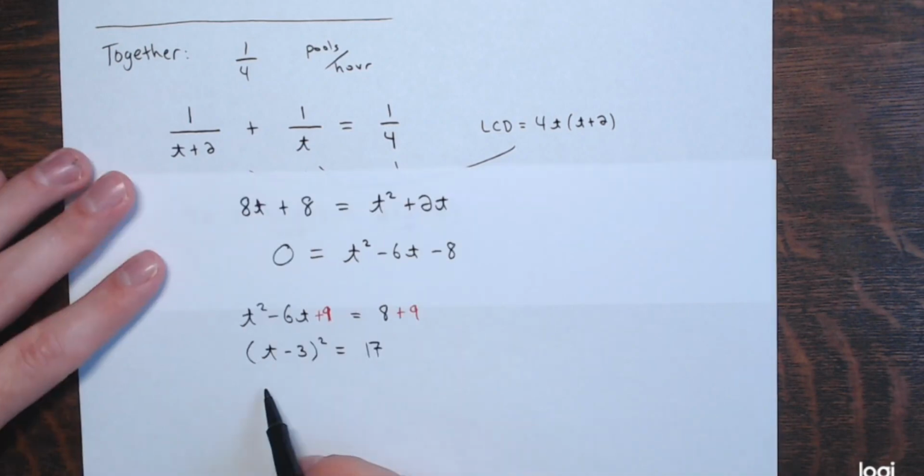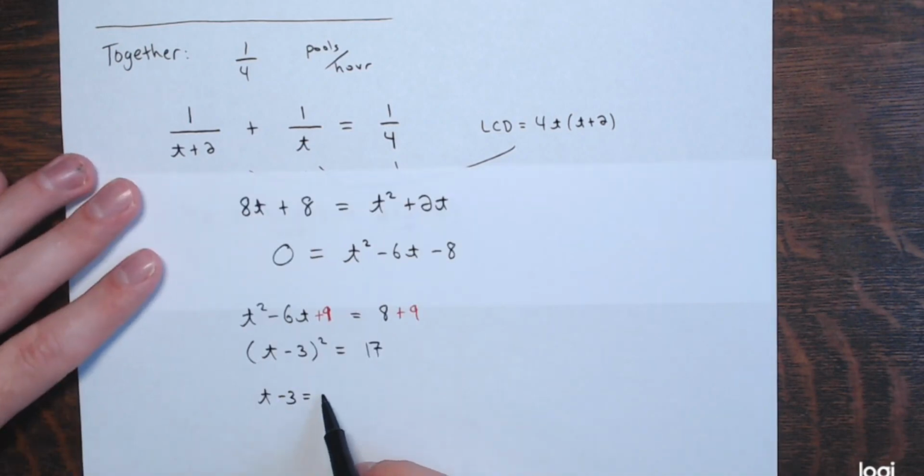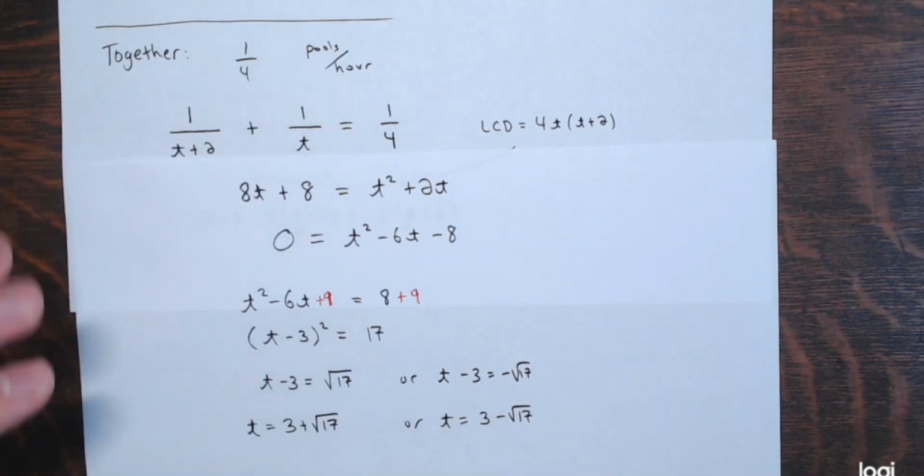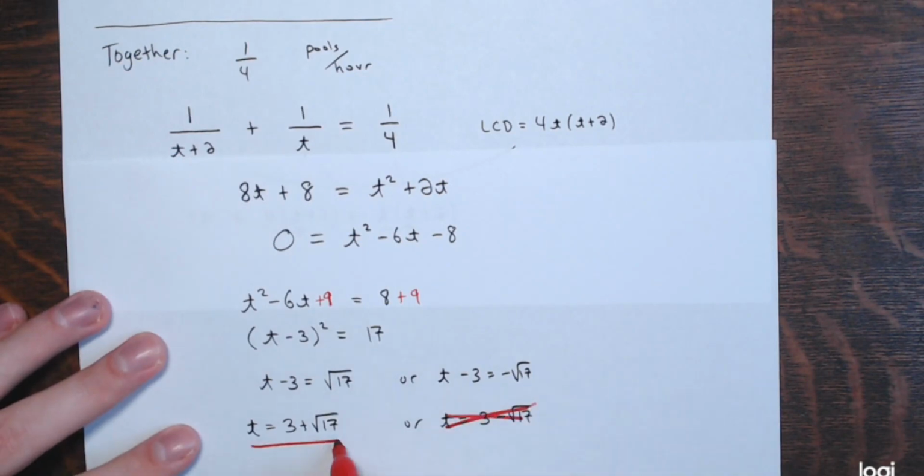So then t minus 3 equals square root of 17, or t minus 3 equals negative square root of 17. So t equals 3 plus the square root of 17, or t equals 3 minus the square root of 17. But this is negative, and we don't want negative time, right? So I'm going to eliminate that and keep this.